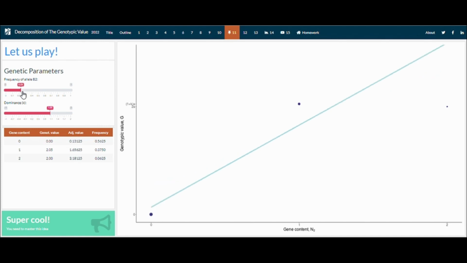This is because in this situation there is a high frequency of unfavorable alleles, which do not contribute to expression of the trait of interest. The increase in the slope of the line shows us the effect of the allele substitution of B1 by B2.